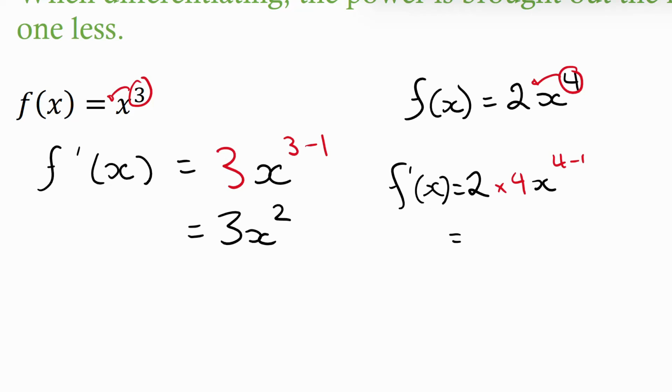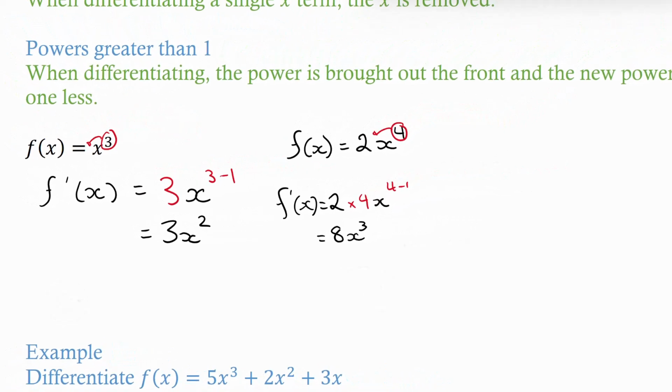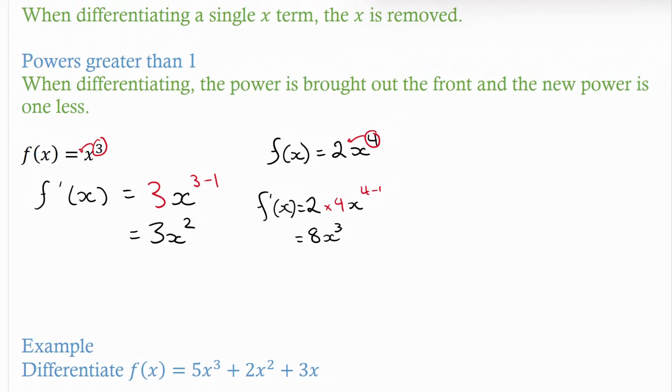So our coefficient out the front is 2 times 4, which is 8, then we have x to the power of 4 take away 1, which is 3. When we simplify that down, we get 8x to the power of 3. So when differentiating, remember, the power is brought out the front, and the new power is 1 less.